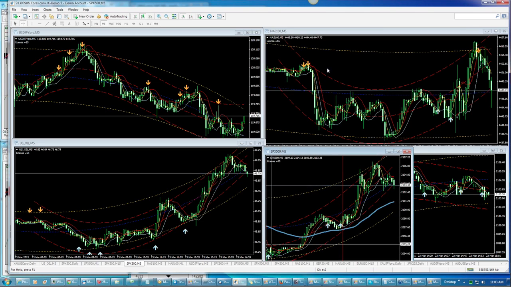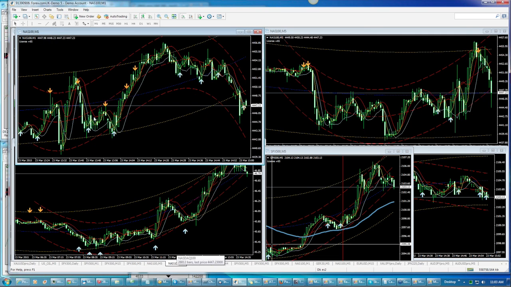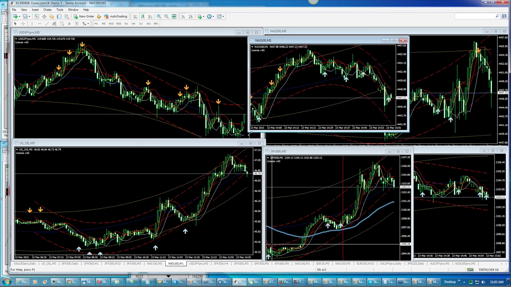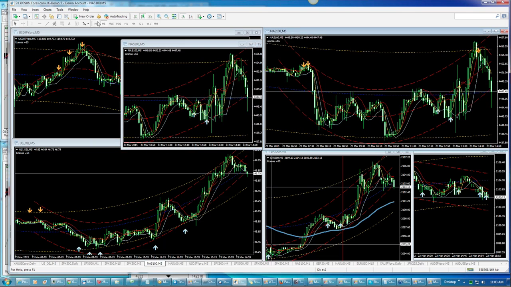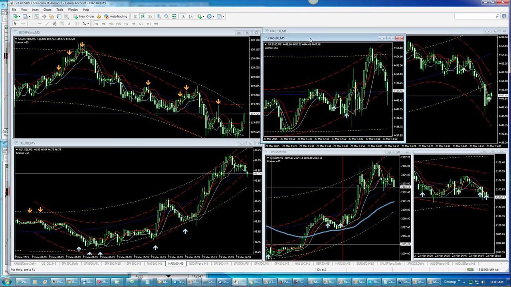With the S&P here. Here's the NASDAQ 1 minute. All right, we'll put 5 minutes so it's the same. Five minute on the left, 1 minute on the right.